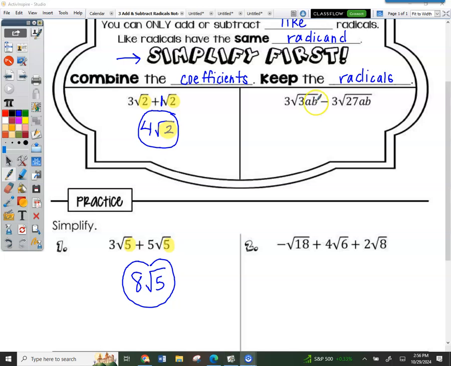Let's look at this expression here. We've got 3 root 3ab minus 3 root 27ab. Let's focus on the roots. Kind of like when you're taking a trip, the first thing you check is what route you're going to take, right? You're going to go to the interstate, or back roads, what are you going to do? So we've got 3ab and 27ab.